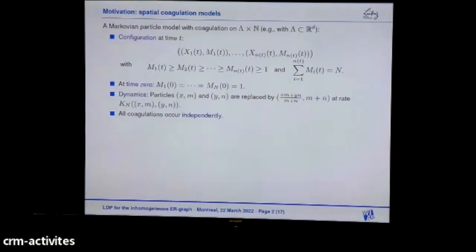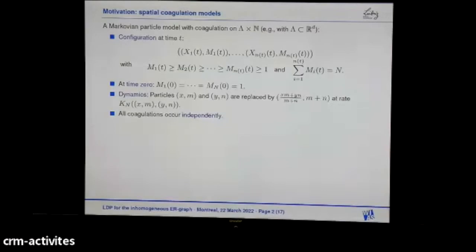And the place is some convex combination of the two places where the two were, in such a way that you have the same center of mass for these two particles, which means also the same center of mass for the entire particle system. So this is a model which we would like to understand. I forgot to mention all coagulations occur independently, of course.